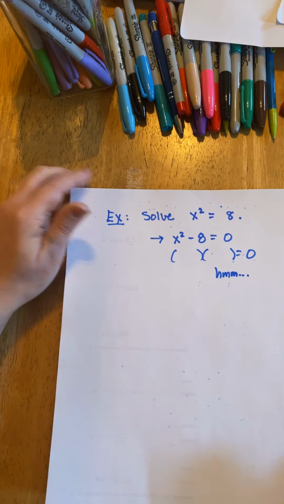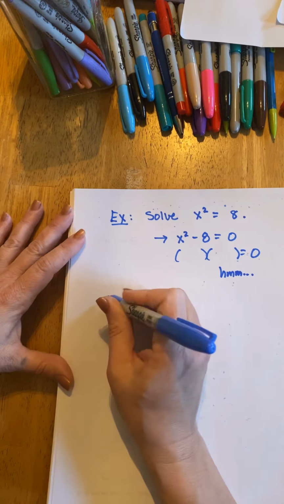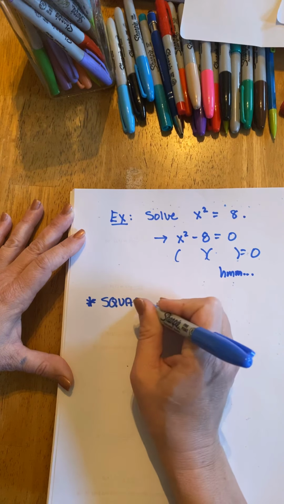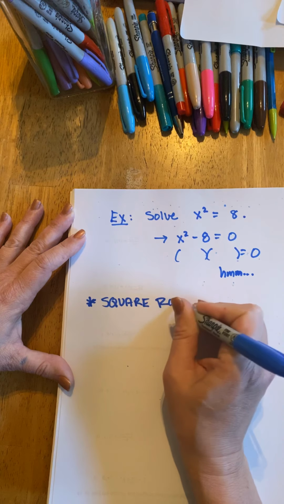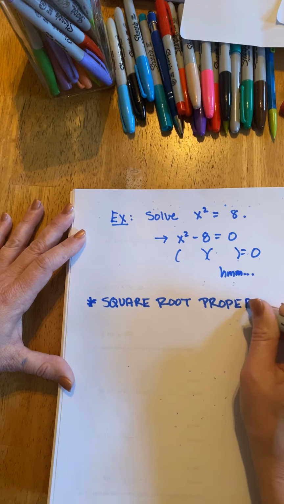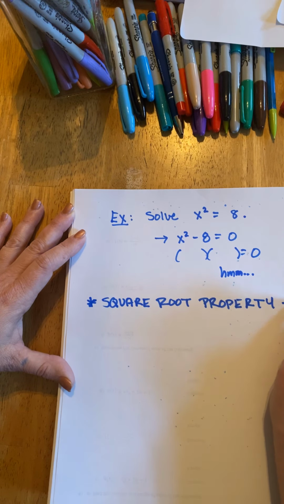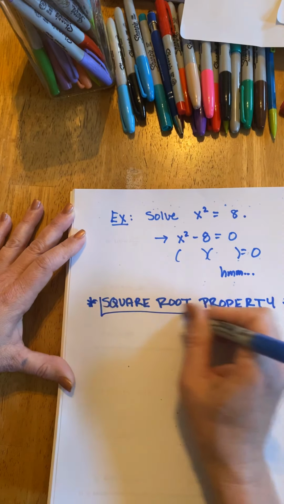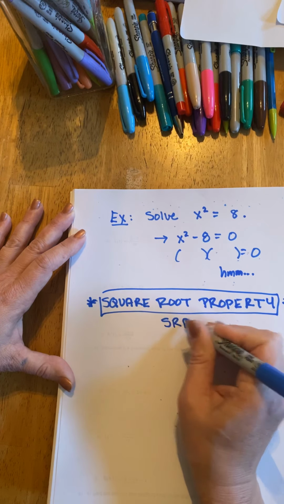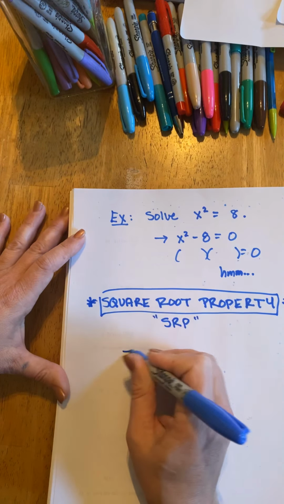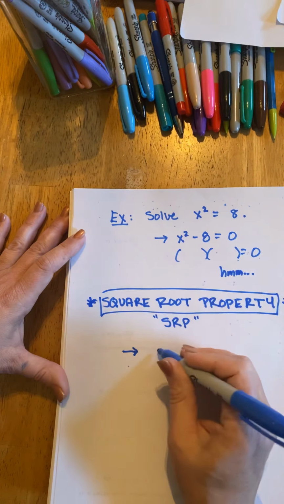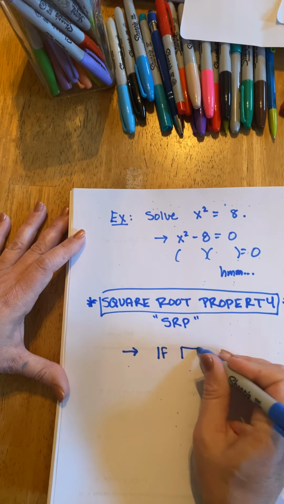So what's going to help us here is this new property called the square root property. The square root property says, again, I'll abbreviate this, SRP, says, if something squared equals a number, we can square anything.